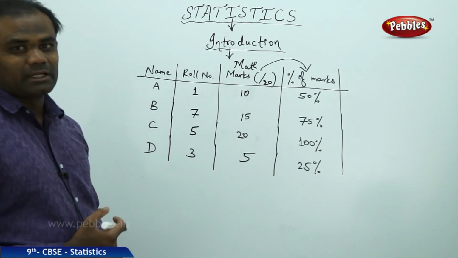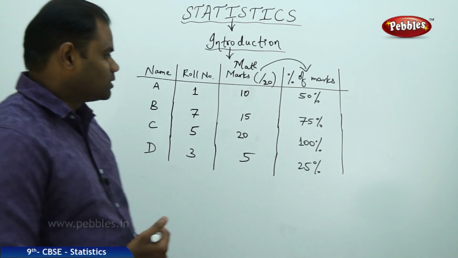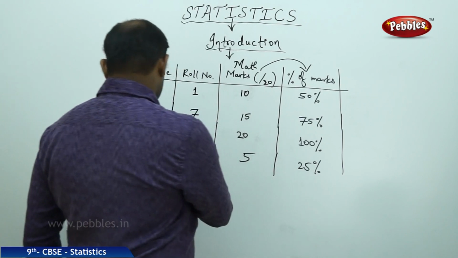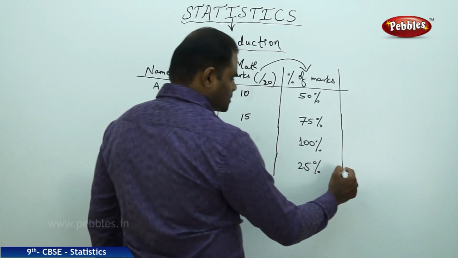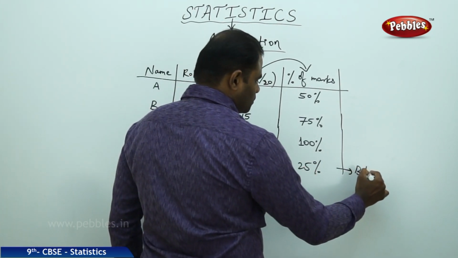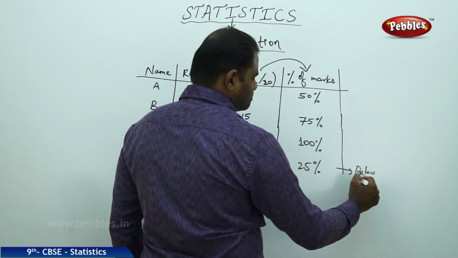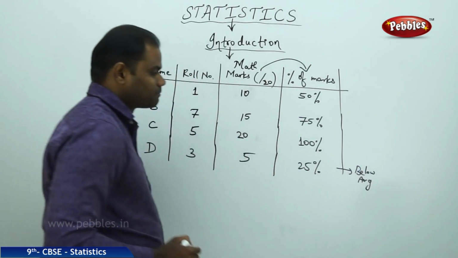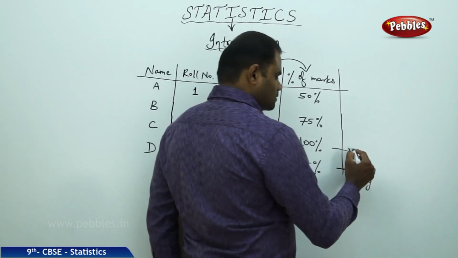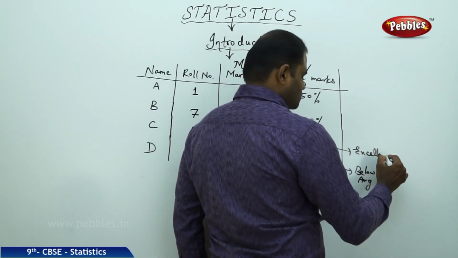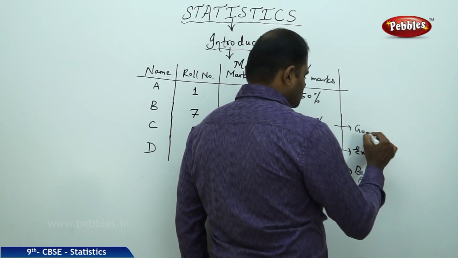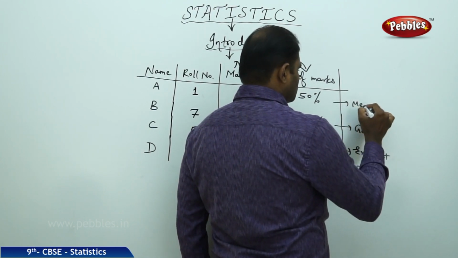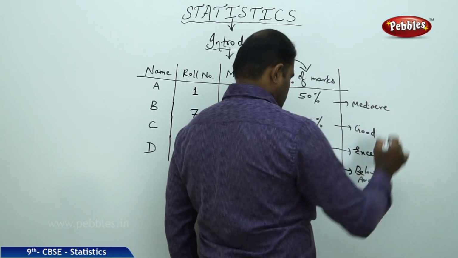So this gives me a clear picture that the student who got 25% is below average or at low performance, and the others are excellent, good, and mediocre.